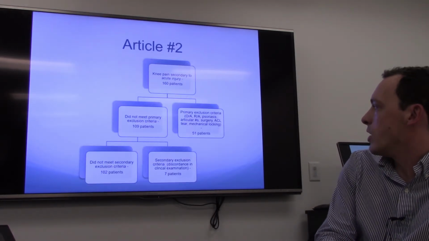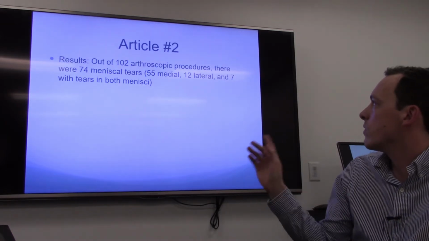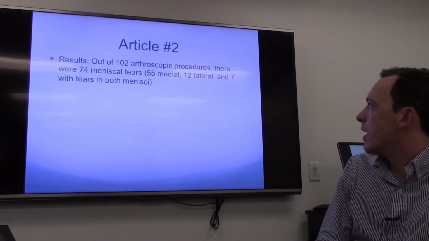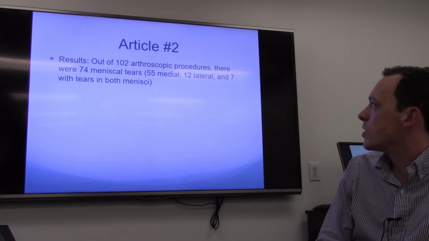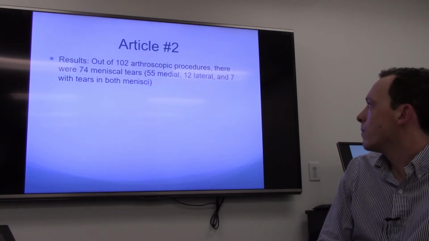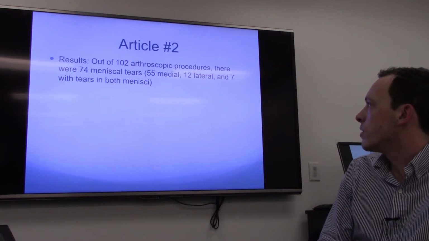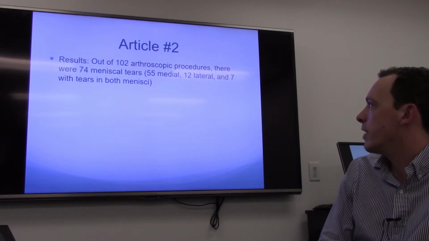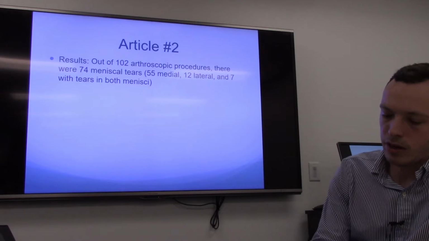So the whole 102 went on to receive arthroscopies. And out of those 102 arthroscopies, there were 74 meniscal tears. They subcategorized them into 55 medial, 12 lateral, and 7 had both medial and lateral tears.